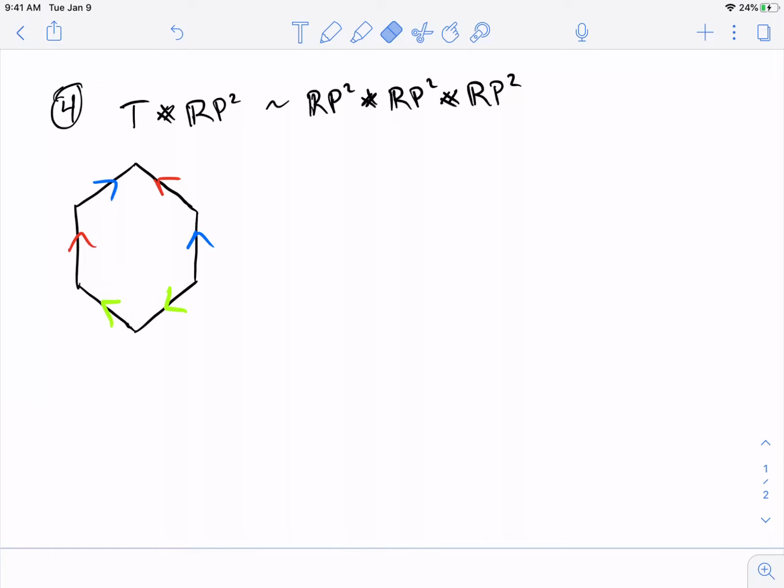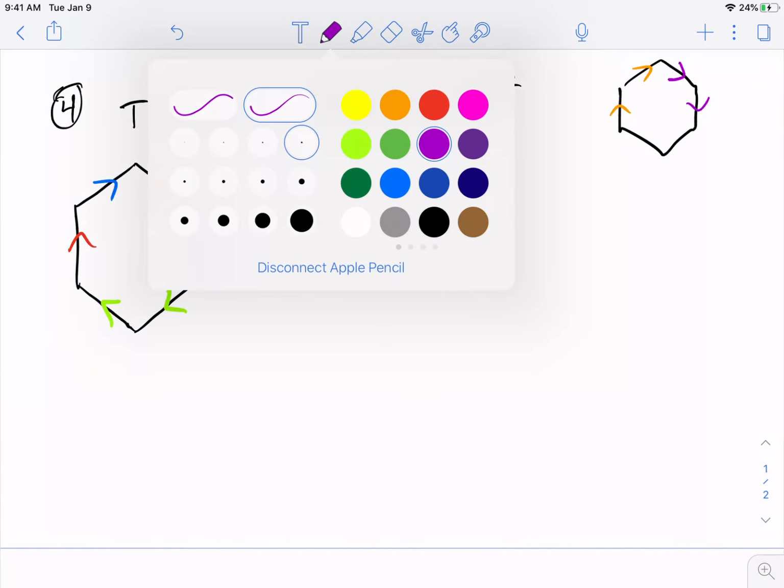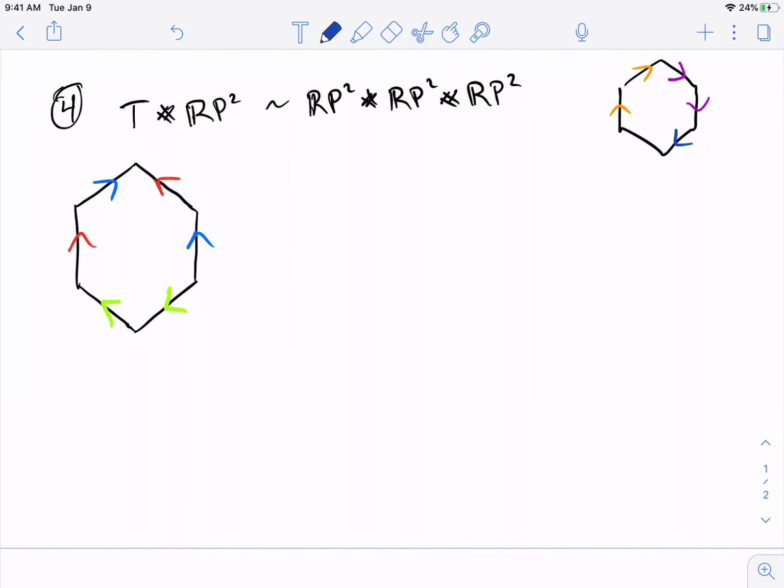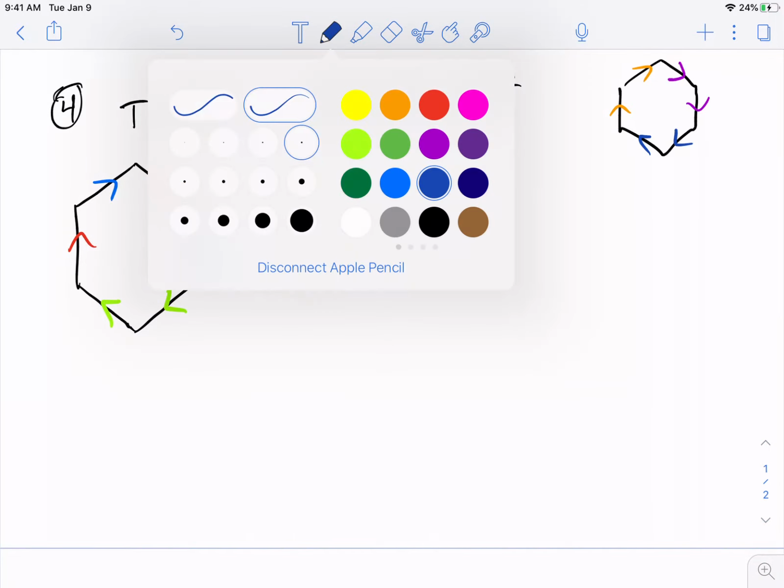It's a hexagon. And so what we'd like to do is get from this to a hexagon, which is a bunch of RP2s. Three copies of RP2s glued with these twists.